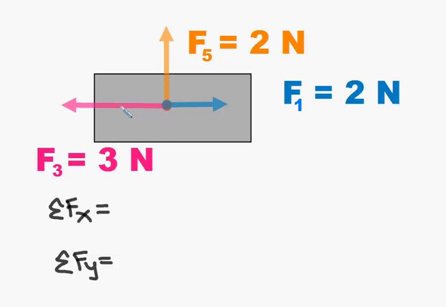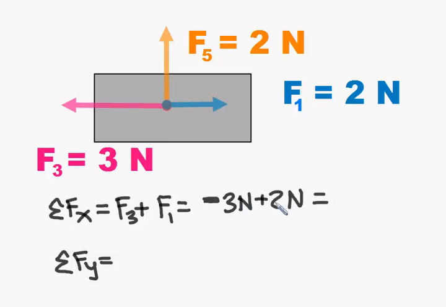So in the x direction, again, I have force 3, and I'm adding it to force 1. They're both in the x direction. Force 3 is -3 newtons. And then force 1 is positive 2 newtons. So -3 plus 2 gives me -1 newton.